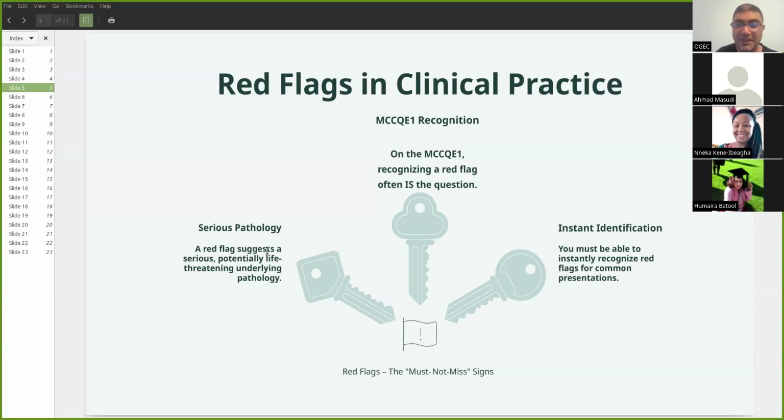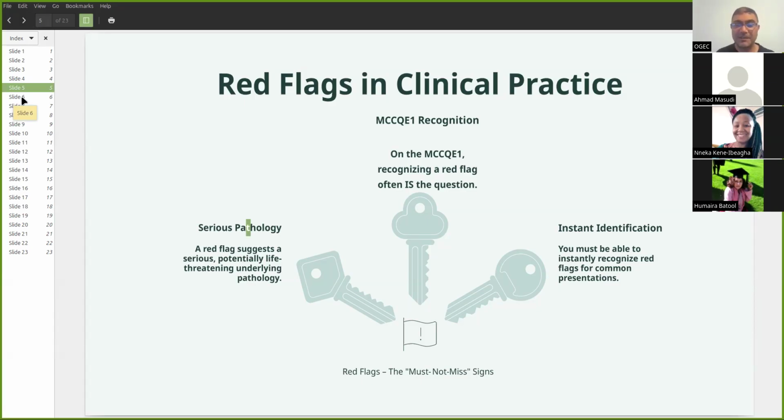For example, bleeding, hemodynamic instability, focal neurological deficits, and things like that raise our concern about a serious condition in a patient, which is different in different clinical conditions.